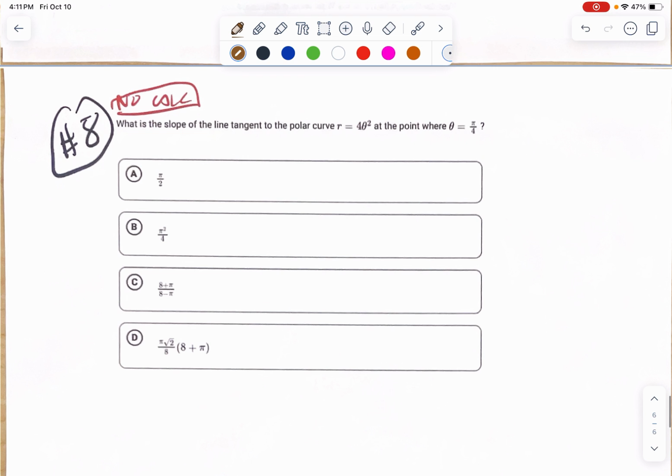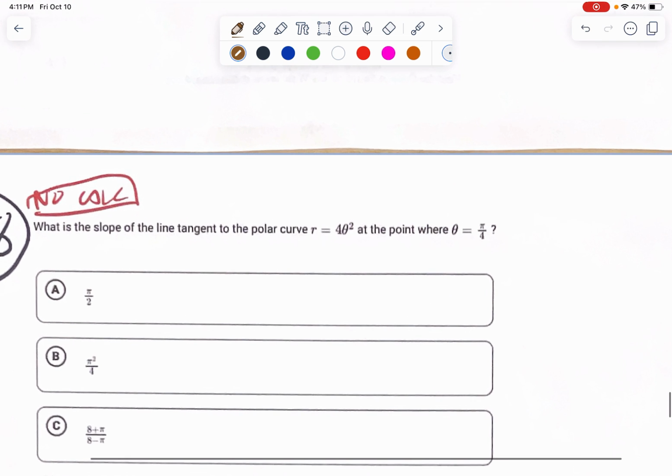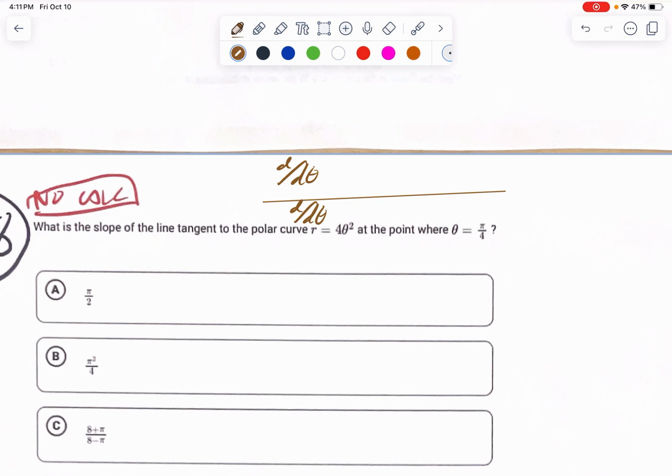These are no calculator. All right, so slope, we know we're going to have the derivative with respect to theta of r sine theta, which would be 4 theta squared sine theta, over the derivative of x, derivative of r cosine theta.